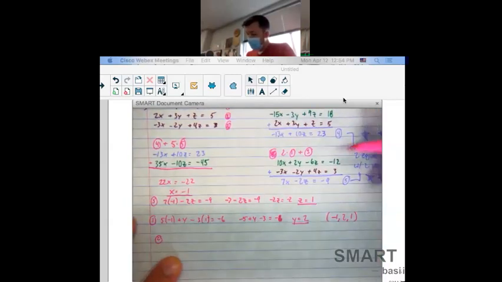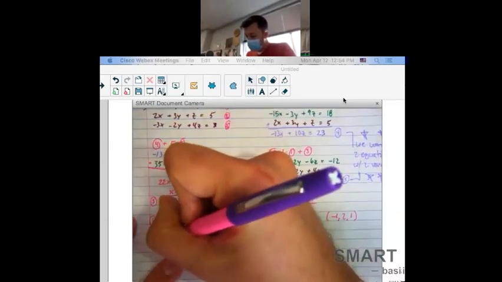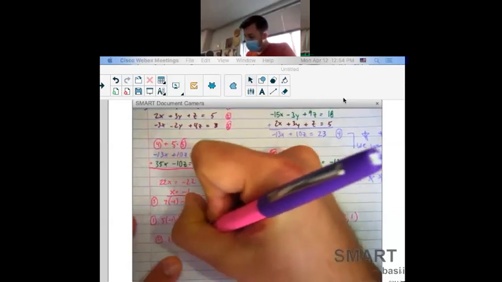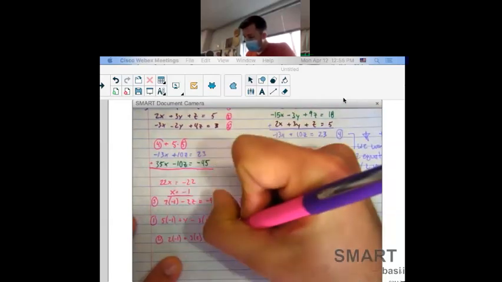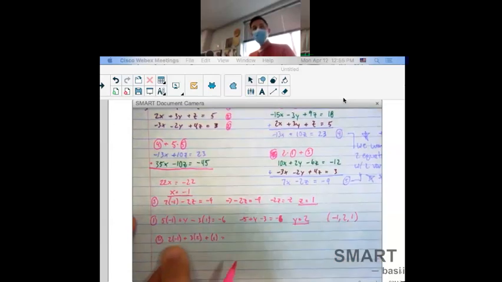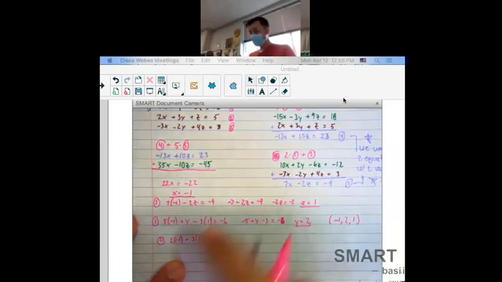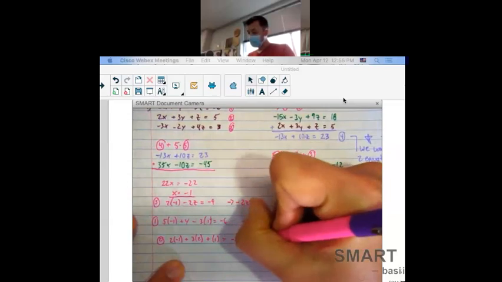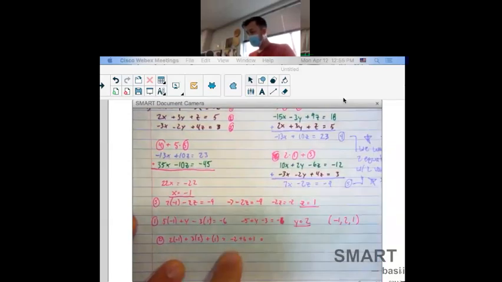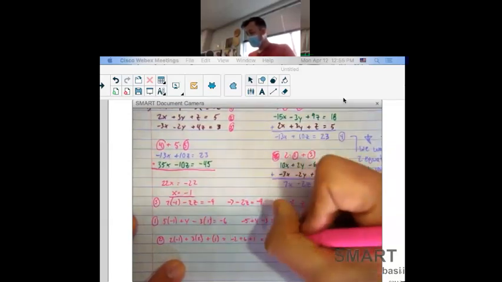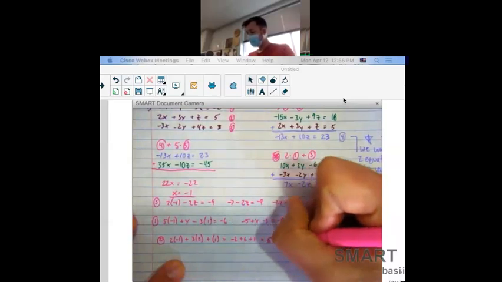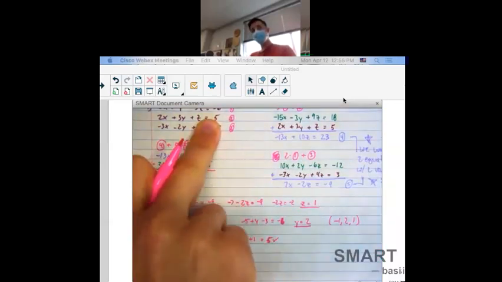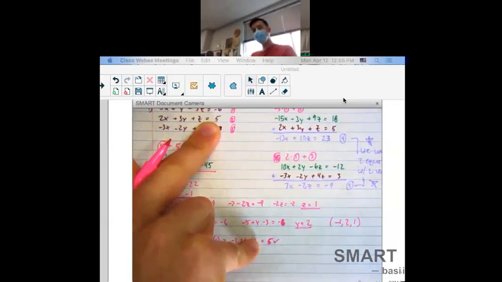So in equation 2, 2 times negative 1 plus 3 times 2 plus 1. So that's negative 2 plus 6 plus 1, which is 4 plus 1, which is 5, which is what that set is supposed to equal, 5 equals 5. You know it's right.